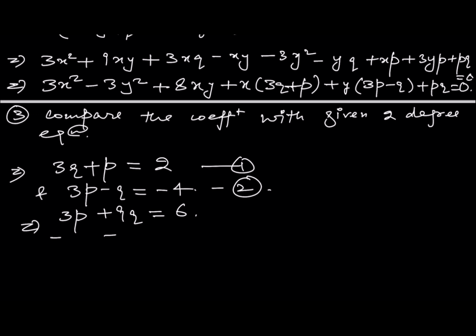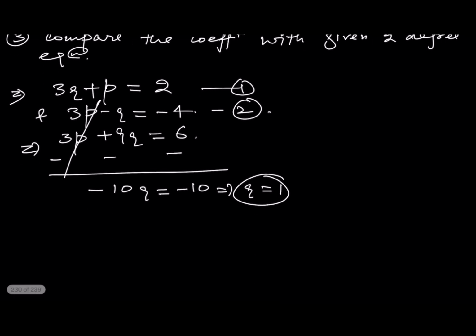So subtracting, minus 10q is equal to minus 10, means q is equal to 1. Okay, so if q is equal to 1, then p is equal to minus 1, right?